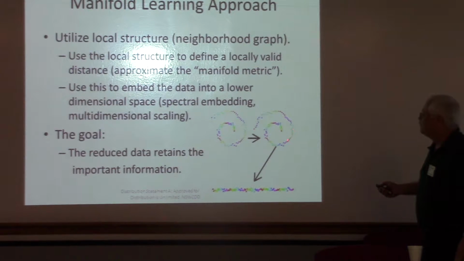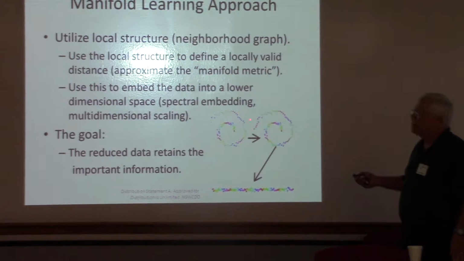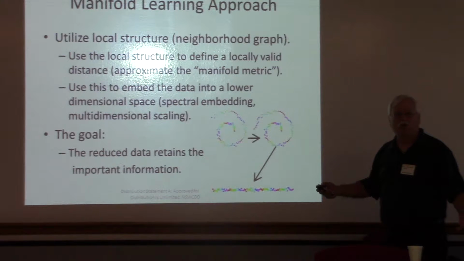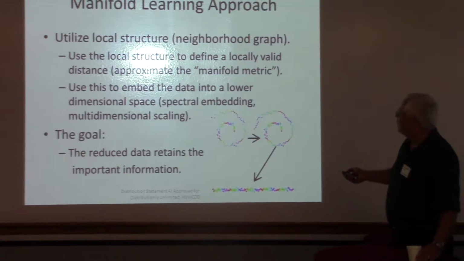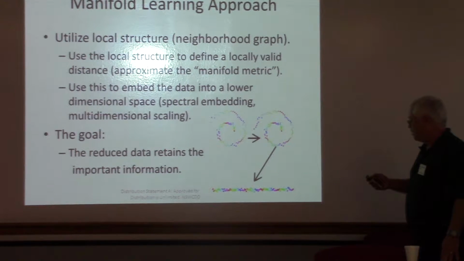Because this is local information, the graph that you get that encodes this is sparse. So if you're using a 5 nearest neighbor, or a 10 nearest neighbor, or a 50 nearest neighbor, you only have 50 edges at every point. If you have 100 million points, that's very sparse, which means you can use sparse linear algebra.